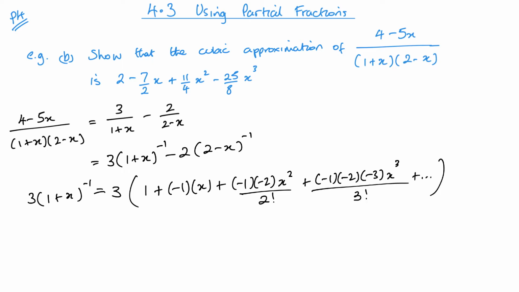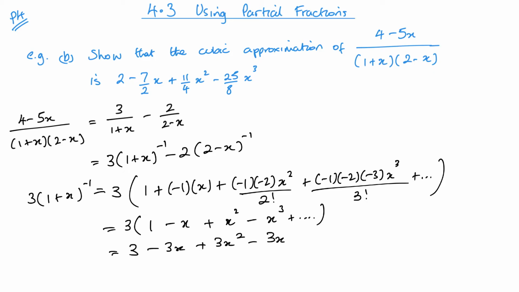And that's as far as we need to go. Simplifying inside the brackets, I get this, and then multiplying by 3, so 3 minus 3x plus 3x squared minus 3x cubed, and so on.